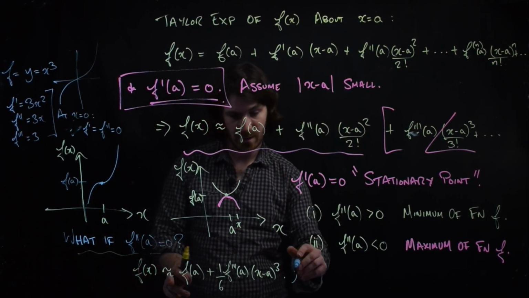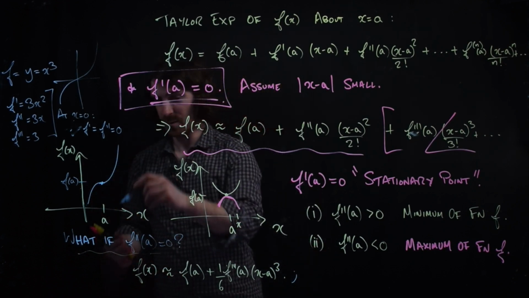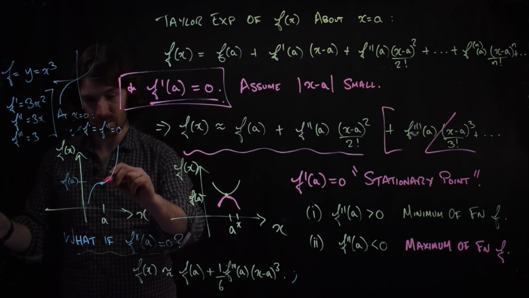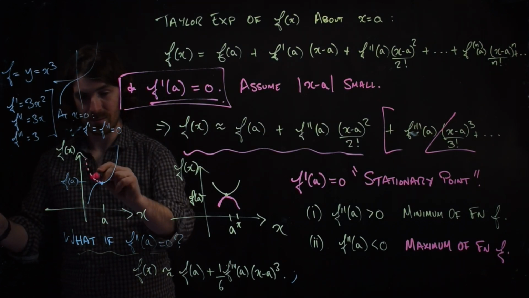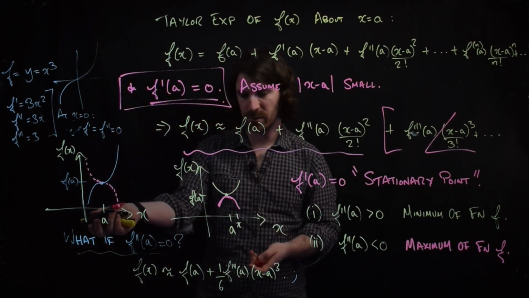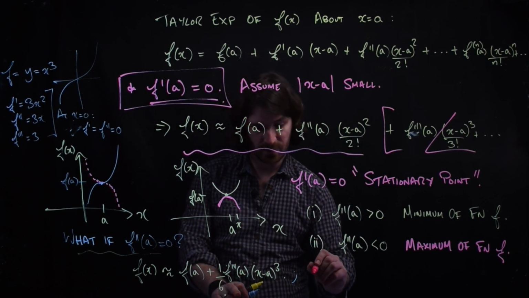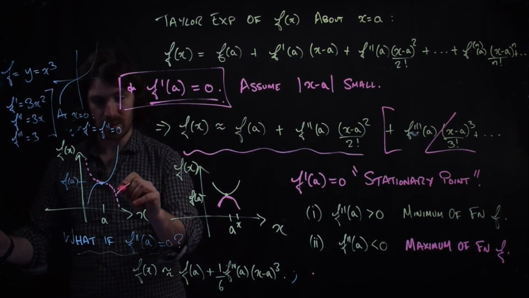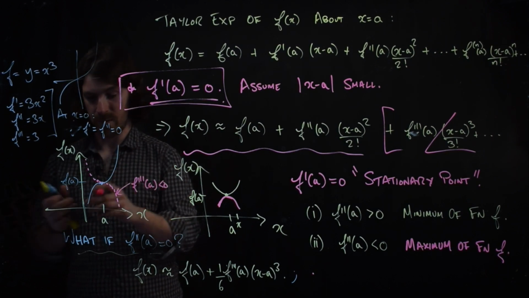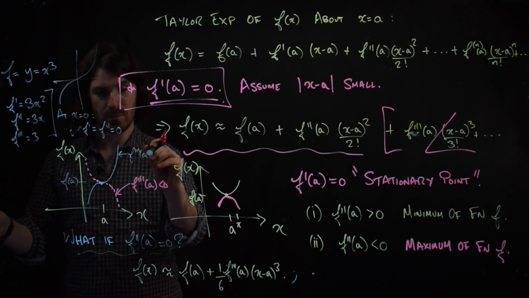this graph can be in one of two forms. You can have this, or you could have the other, the other being this type of thing. So the curve turns over, the derivative turns over. So you can have f prime prime prime of a less than 0, or the third derivative greater than 0.